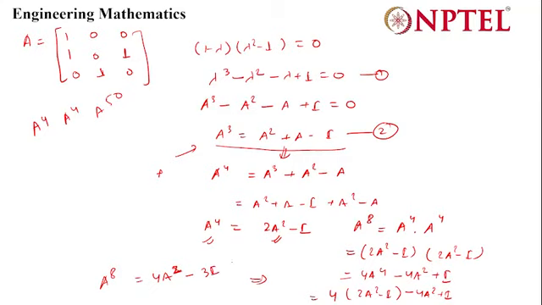3i. Here you can see in this equation, suppose this is equation 3, this is equation 4. There is a pattern in a to the power 4 and a to the power 8. So by that you can write a to the power 50 will be 25a square minus 24i, because in a to the power 4, this coefficient was half of the power, and here just minus 1.